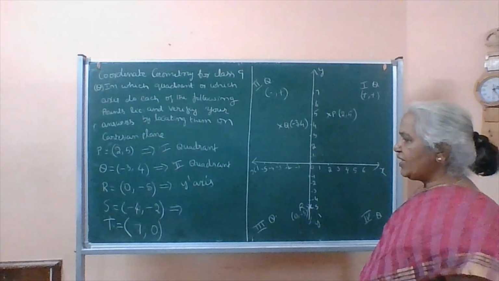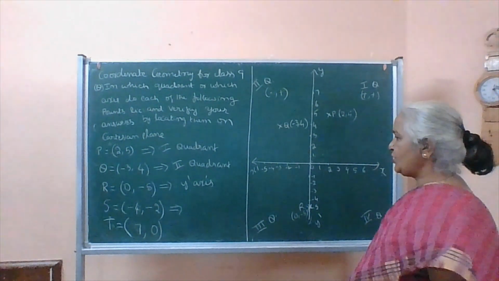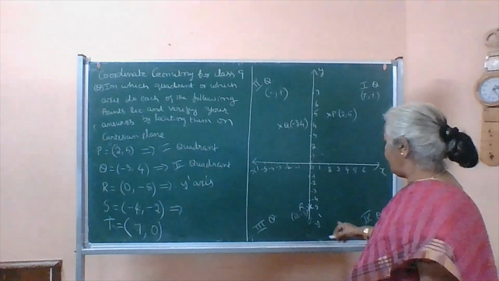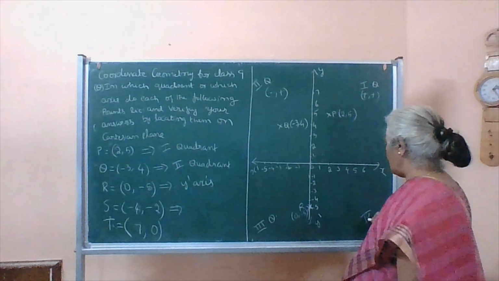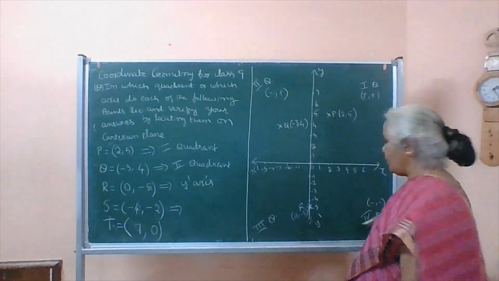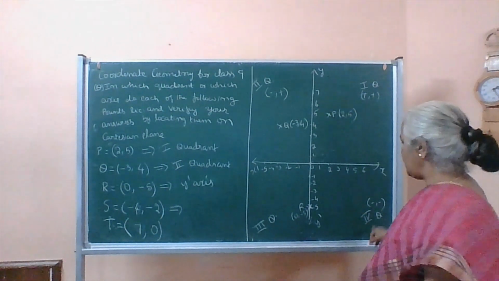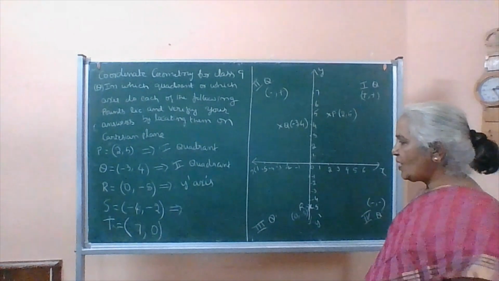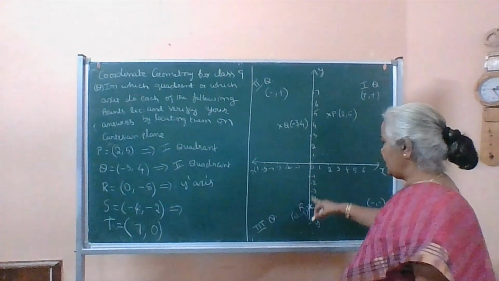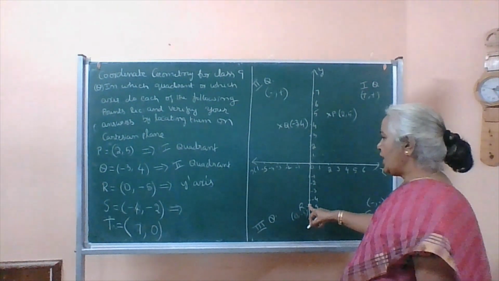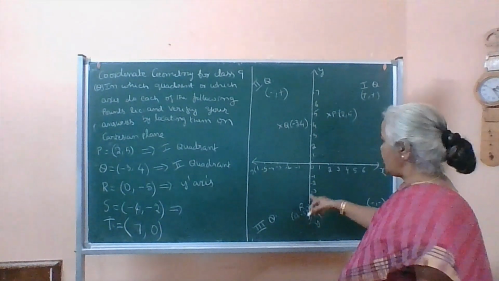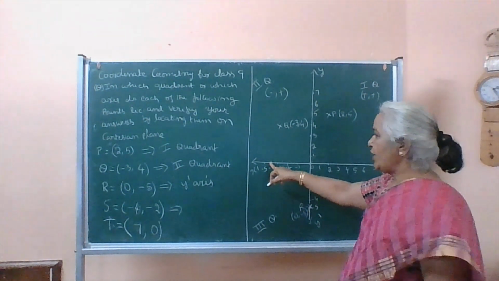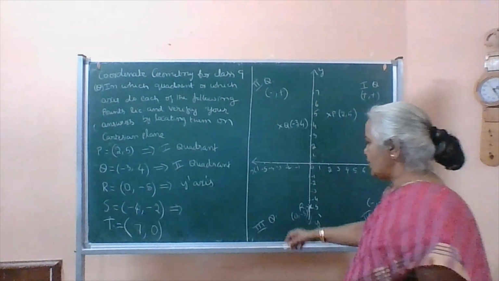And S is (-4, -2). Here -4 and -2 both are with minus sign. X is -4 and y is -2.